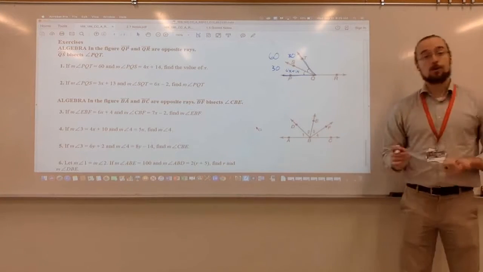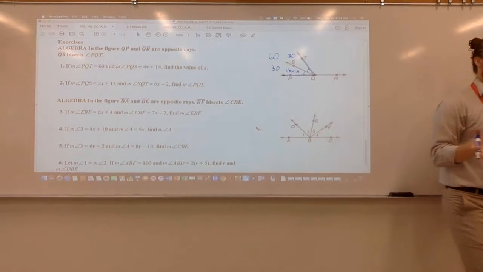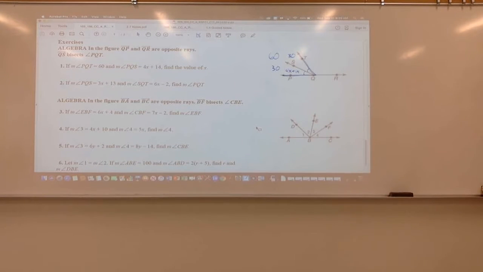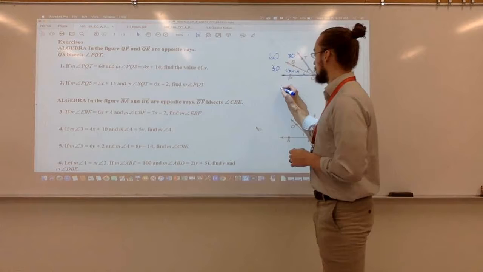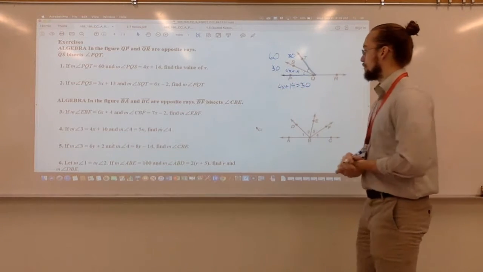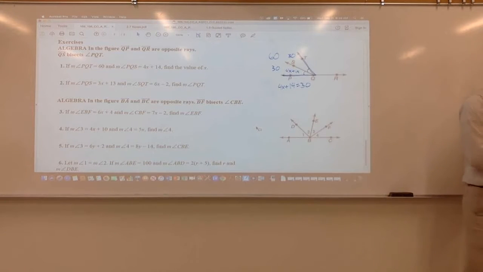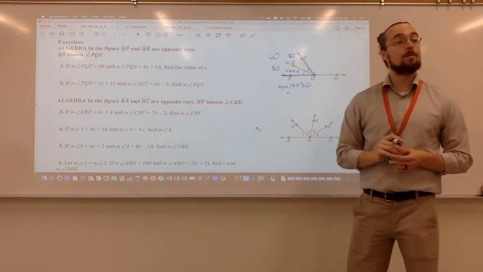So we could set up an equation and say, well, you tell me, what would the equation look like then? To solve for x. Sebastian? 4x plus 14 equals 30. Yeah, 4x plus 14 equals 30. All right.